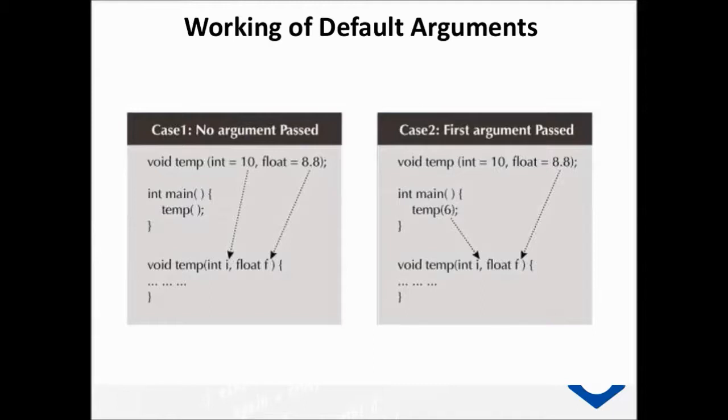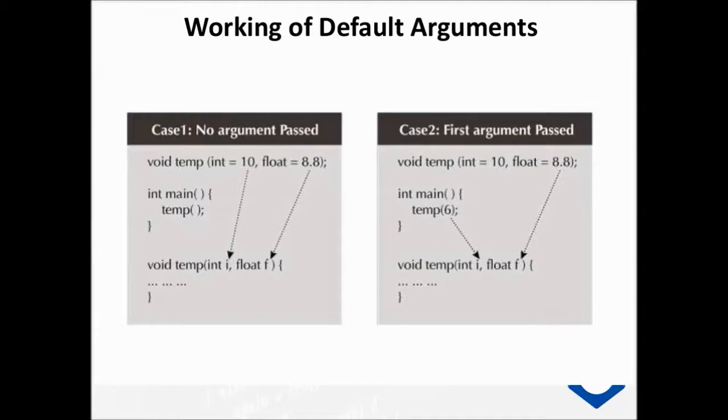In case 2, we have the same function temp, and into the arguments we write int i = 10 and float f = 8.8. In the main program, when we call this function temp, we pass only a single argument into it, and we write temp(6).